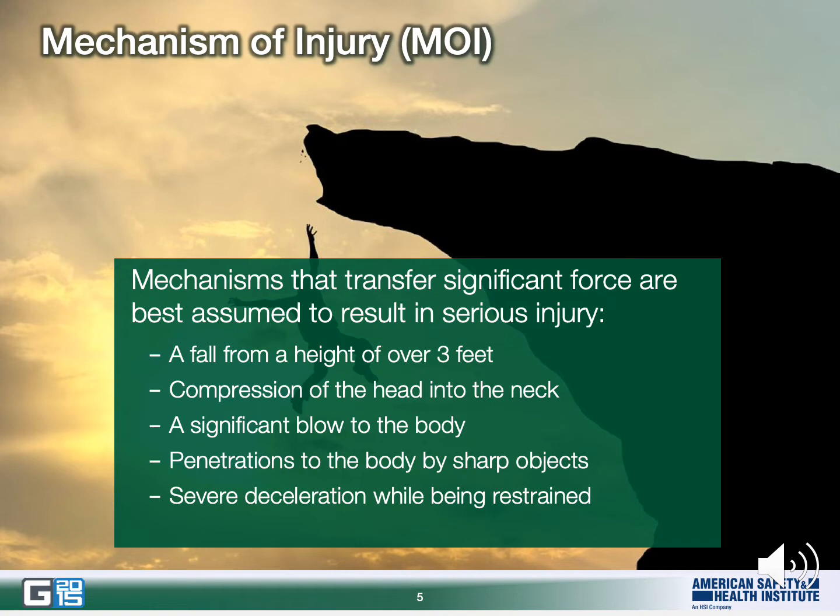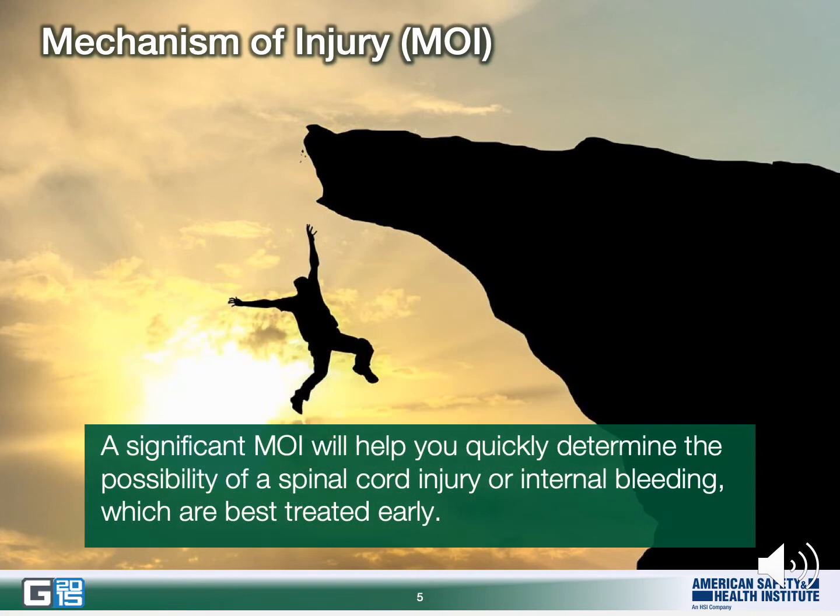So that would be like a car seat scenario, or a climbing harness, and they fall, but the rope and the harness stopped them. There's still going to be some mechanism of injury there. So a significant MOI will help you quickly determine the possibility of a spinal cord injury or internal bleeding, which is best treated early.